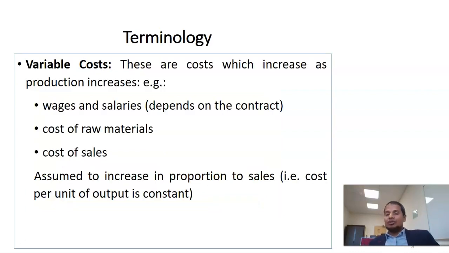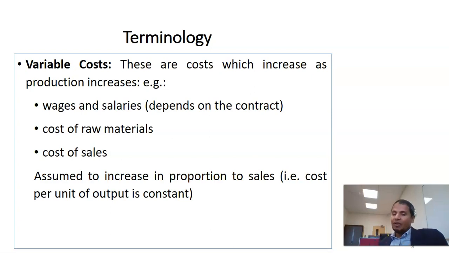Secondly, variable cost. The variable cost, as you know, means the cost which varies, changes in total. Obviously, in total again, the total cost will increase if the volume of activity increases, or if the volume of activity decreases, the total variable cost will decrease.